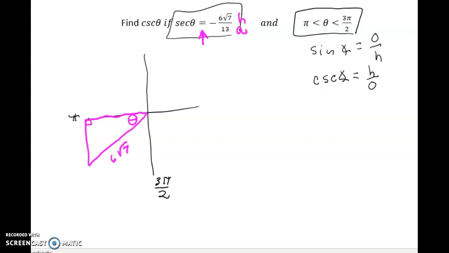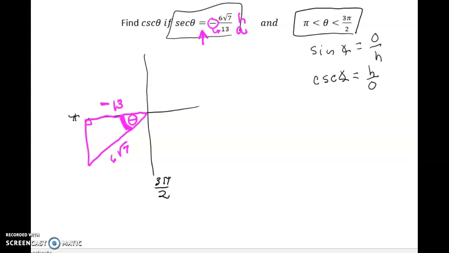And the adjacent leg, we're going to use the negative sign with the 13. So the adjacent leg to theta is negative 13, which makes sense. It should be negative because it's in quadrant 3.